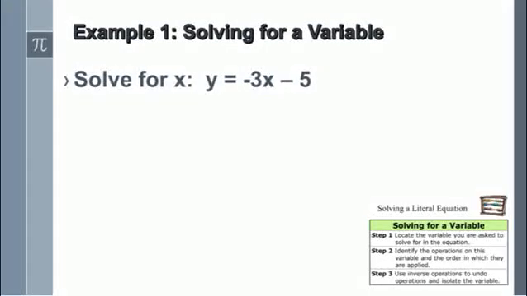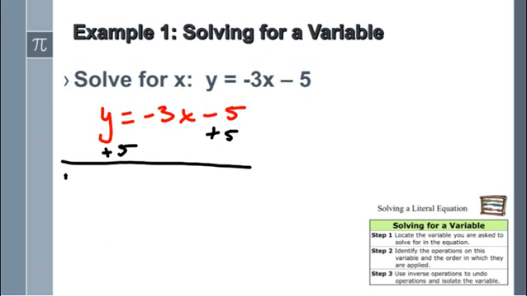So solve for x when y equals negative 3x minus 5. So we need to solve for x, so get x by itself. So I'm going to write my equation. I need to get everything away from the x, but I can't touch anything with the x until the very end. So the first step is the opposite of subtracting 5 is adding 5 to both sides. So when I do that, I have y plus 5 equals a negative 3x.